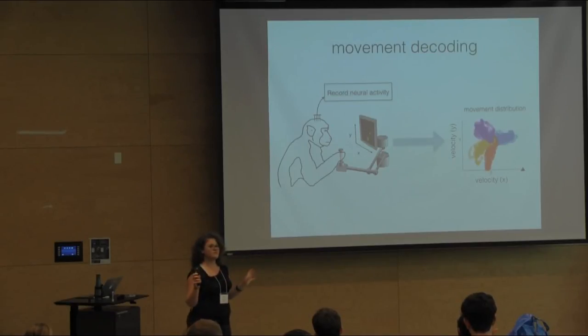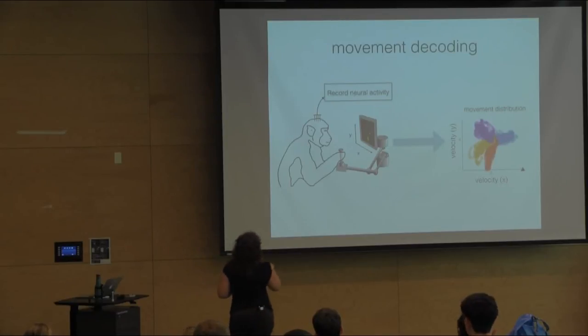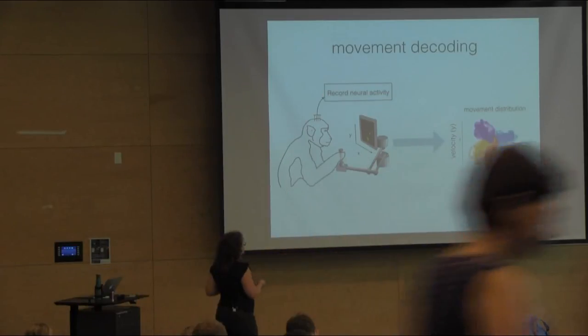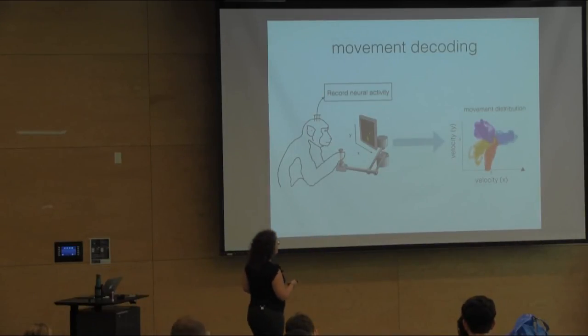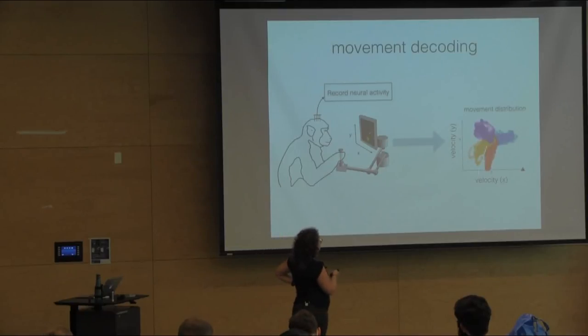So this is the problem of brain decoding in general, but we're applying it in this case to a movement task. As the subject's making reaches, we can record the X and the Y velocity of the cursor, or of the lever reach. What I'll show here in the results is that for each of the different target directions, I've colored each of the data points according to their target direction.